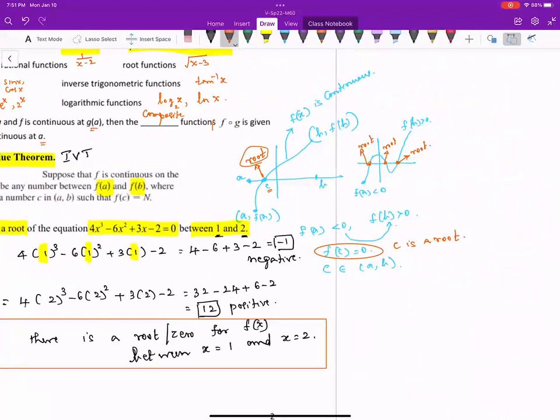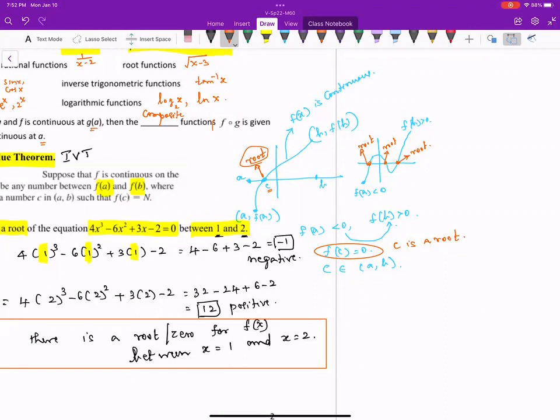So here, if f of a is negative, f of b is positive, the graph crosses the x-axis 3 times here. What the intermediate value theorem guarantees is that as long as the sign changes between a and b, and if the function is continuous, there is at least 1 zero.